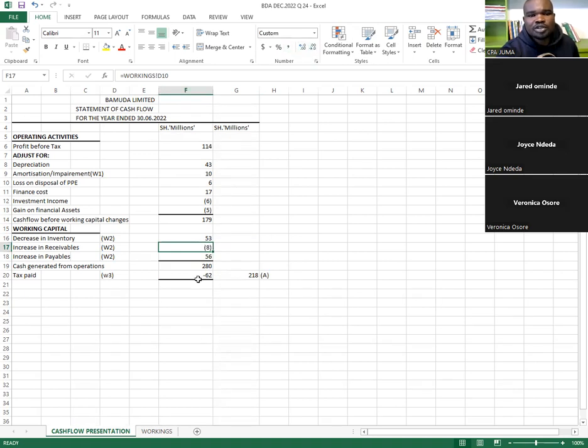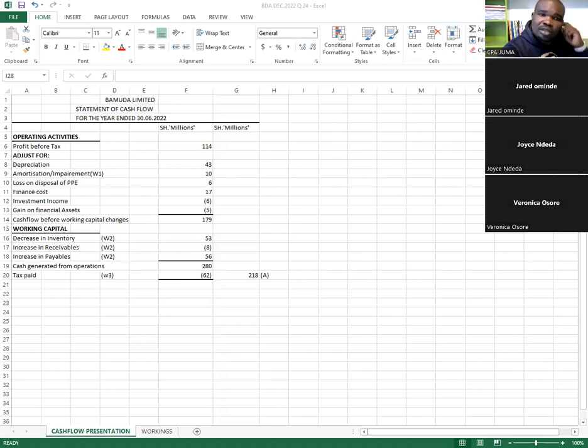So we are done with operations unless someone has a question. Can we subtract the interest after the tax paid? Yes, you can subtract interest and even dividends, Jared, as long as that is applied consistently. That is what the standard requires. I started by telling you that the examiner cannot penalize a student for capturing it in any.